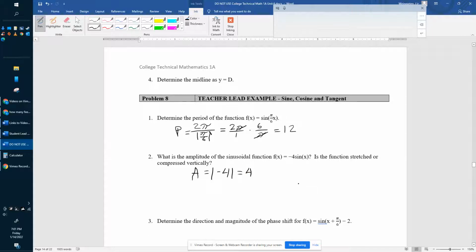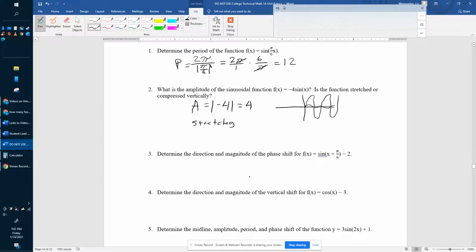So what's happening? Is the function getting bigger or smaller? Is it getting larger like this, or is it getting smaller like this? Well, the amplitude is increasing to 4, so it's getting stretched. It got bigger, I should say.